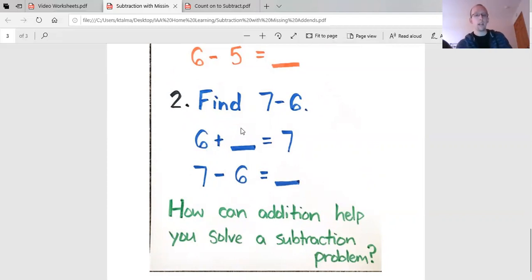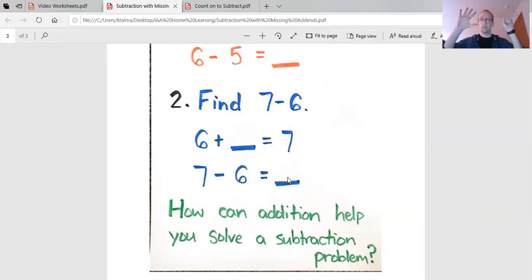So 6 plus 1 equals 7. We can use these same numbers, 6, 1, and 7, to figure out our subtraction problem. 7 minus 6 equals 1. We can double check by putting 7 in our brain, putting 6 fingers up, and counting down.